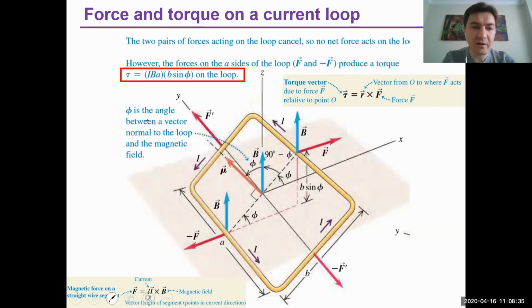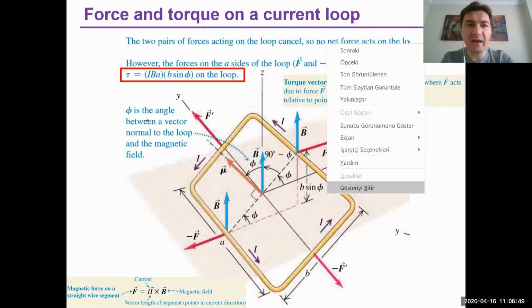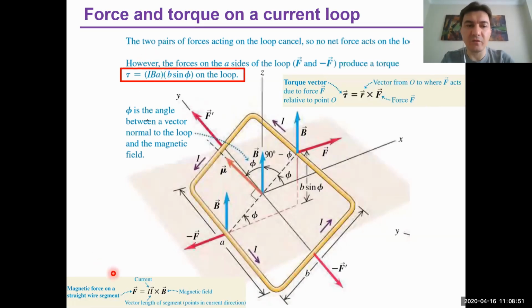Force is given by I times L times B. What is L? L is given by a here, and the lever arm is given by b/2 times sin phi. So IBa is the force here and here, and b/2 times sin phi.